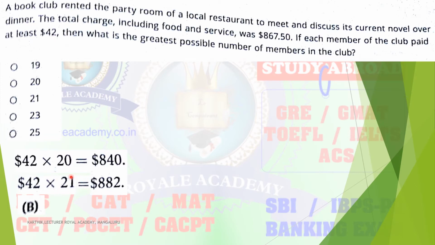If you consider 21 members, some members would have to pay less than 42 rupees, because the amount is less, and that is not possible. As per the problem, each member of the club paid at least 42 rupees. So option B is correct.